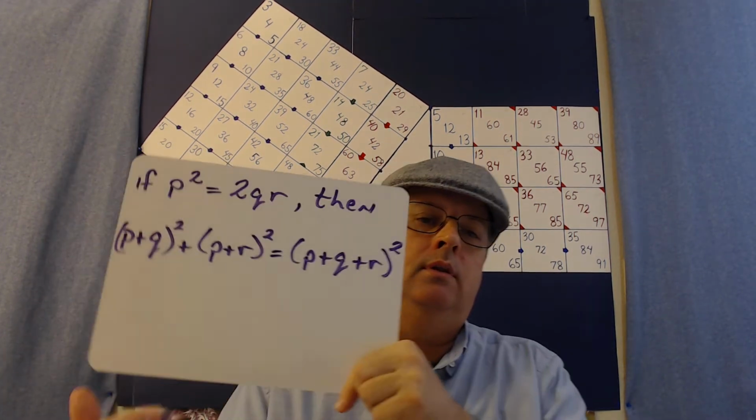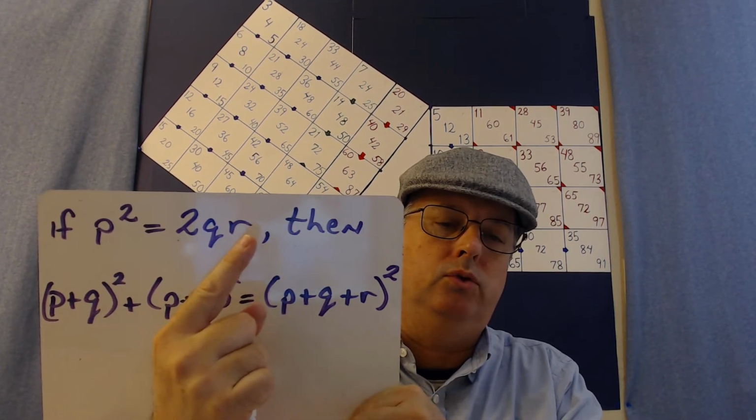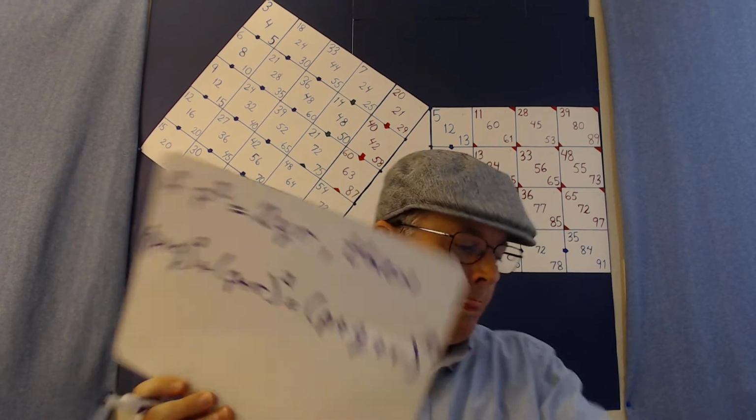And so now then, if we pick a p and a q and an r, well, then we ought to be able to generate a Pythagorean triple, as long as we have this true, that p squared equals 2qr is true here.